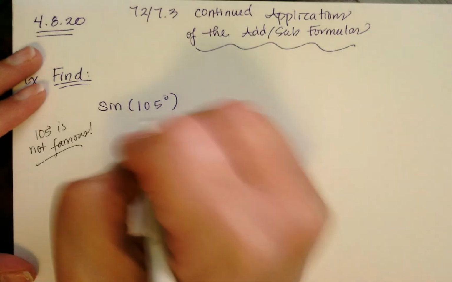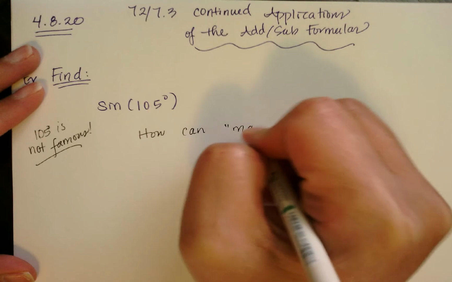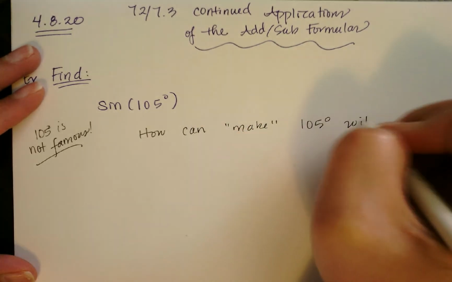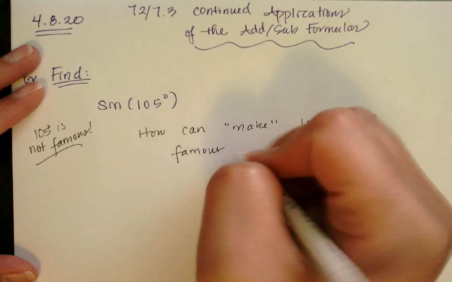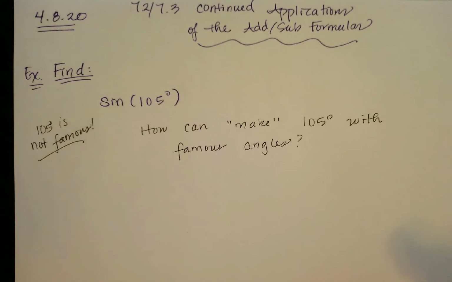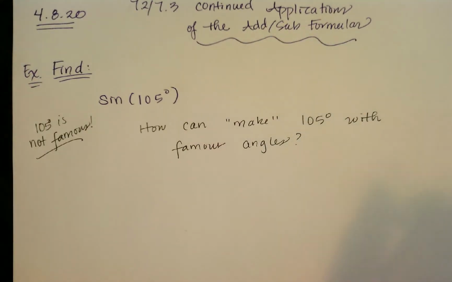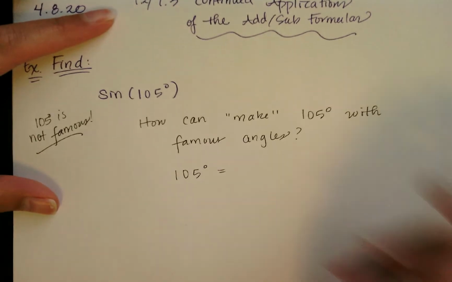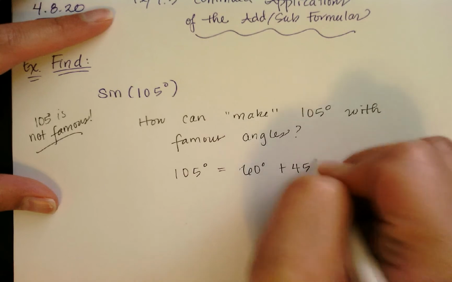How can we make, in quotations, 105 degrees with famous angles? How can we build that? And since we're using addition and subtraction formulas, we should be using those operations. So 105 degrees is actually equal to 60 degrees plus 45 degrees.